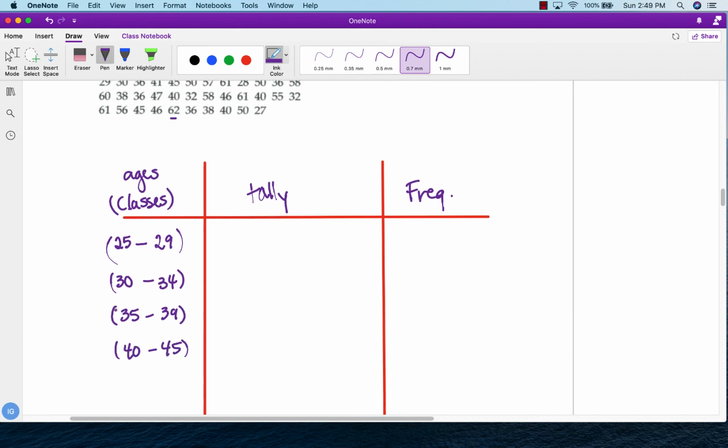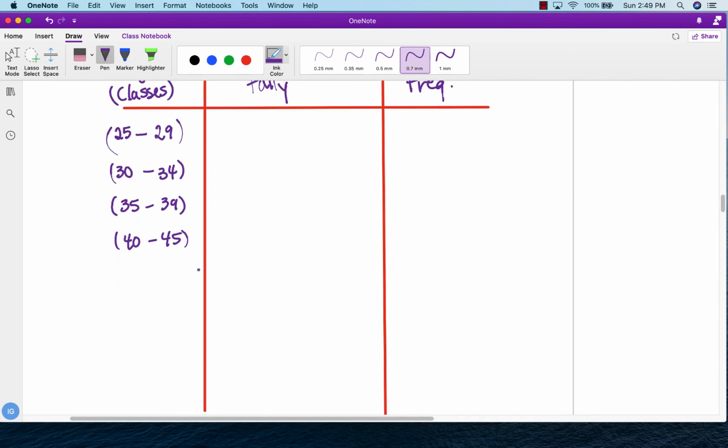And we're going to keep going till we have 8 classes, and then we're going to do the tally. We keep doing this: 55 to 59, 60 to 64, and 65 to 69. Okay, so we have 1, 2, 3, 4, 5, 6, 7, 8 classes. There you go.